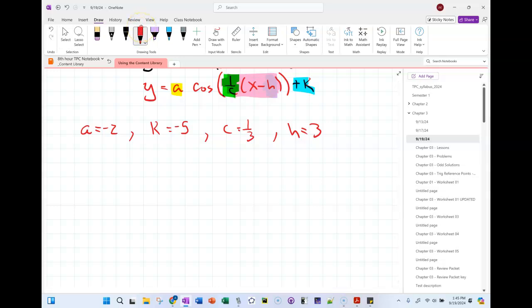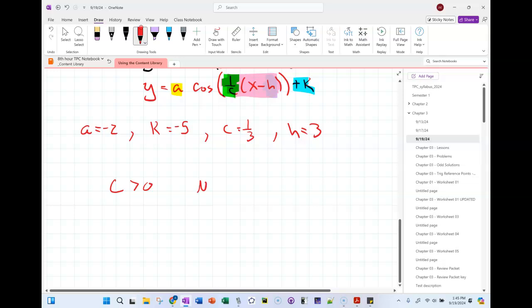So again, I'm going to do the stuff for C, A, H, K. That's the order that we look at. So since the C is positive, I know I have no reflection on the y-axis. But since the absolute value of C is less than 1, I have a horizontal shrink by a factor of 1/3.